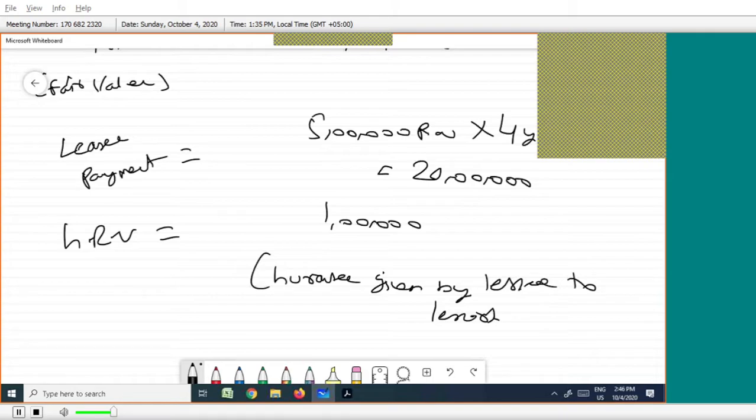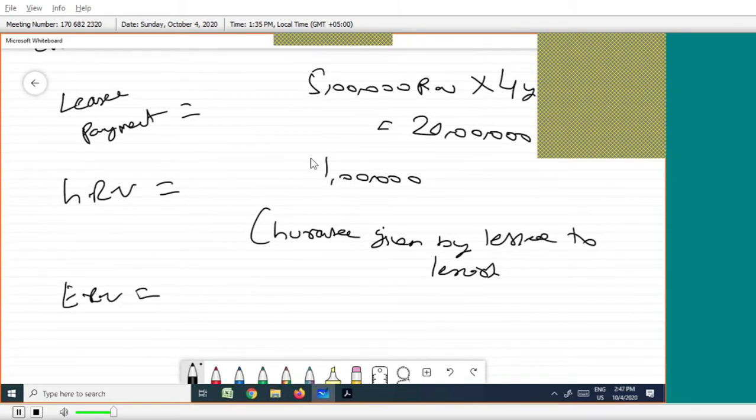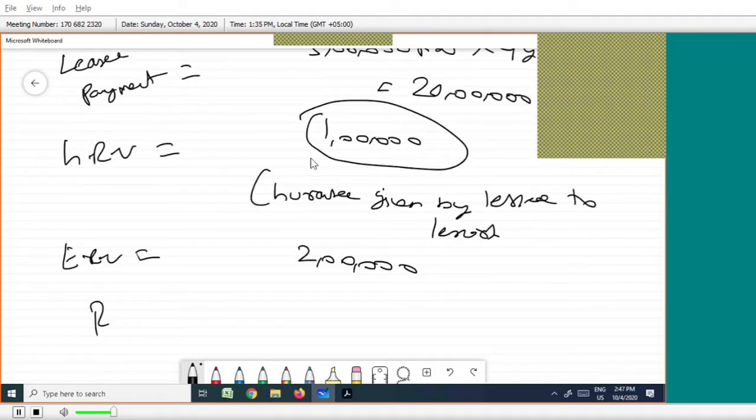Total residual value expected by lessor is 2 lakh, but out of that, guaranteed by lessee is only 1 lakh. Rate of interest, 14.97%. This is the question.